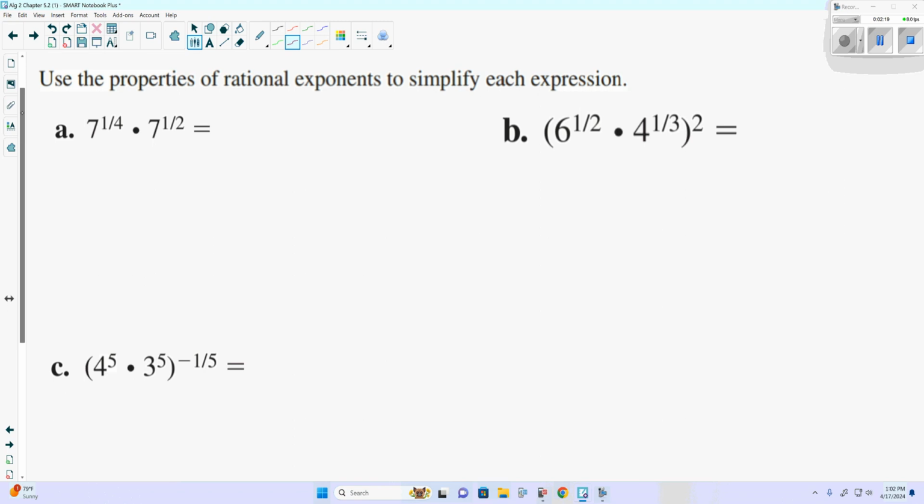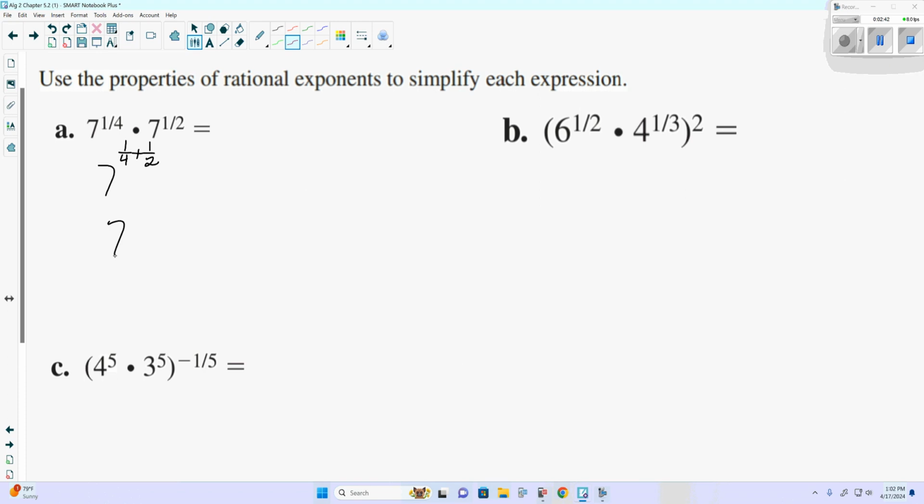7 to the 1/4 times 7 to the 1/2. Since we're multiplying like bases, we will add the exponents. When we multiply like bases, we add the exponents. So our exponents are 1/4 and 1/2.